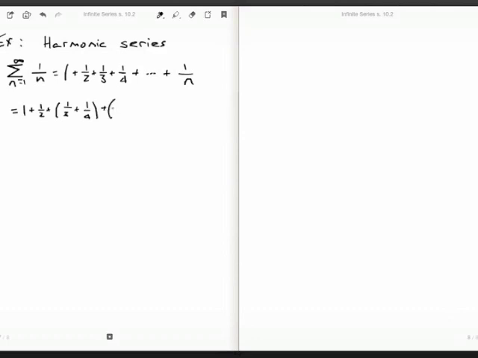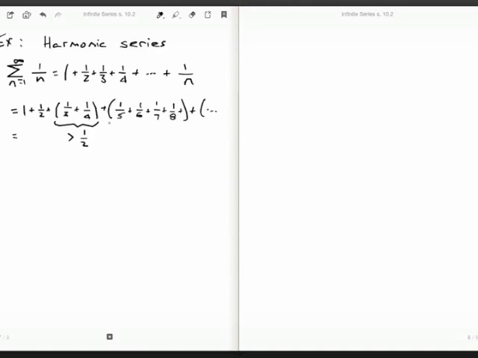Then I'm going to group these as 1/5 plus 1/6 plus 1/7 plus 1/8, and then add this to another group like that. Now if you check what these are, this is 1, this is 1/2. This little group here is actually a little bit bigger, greater than 1/2.